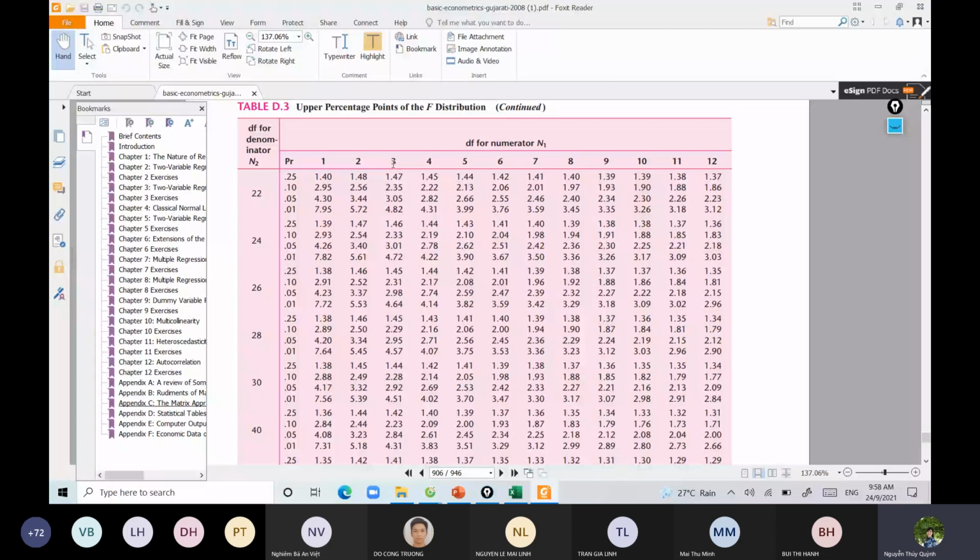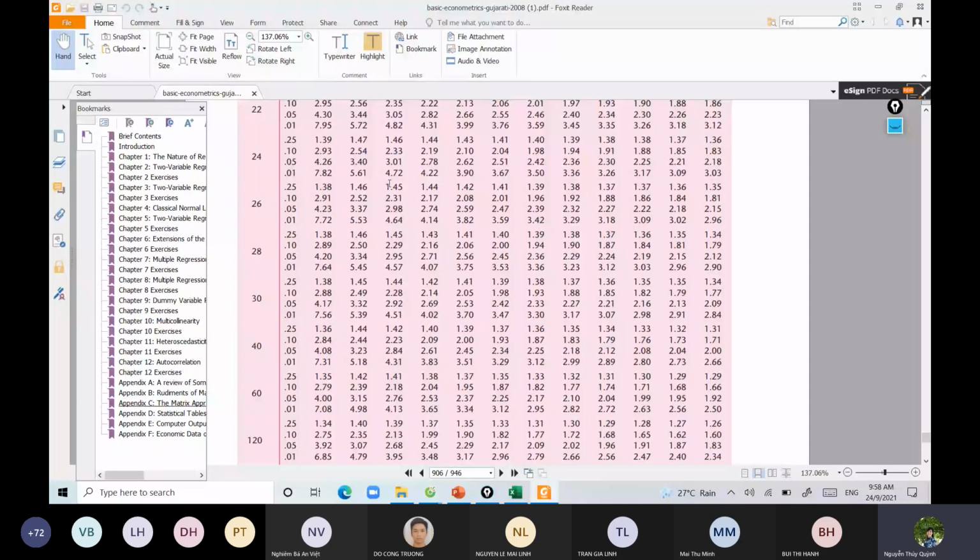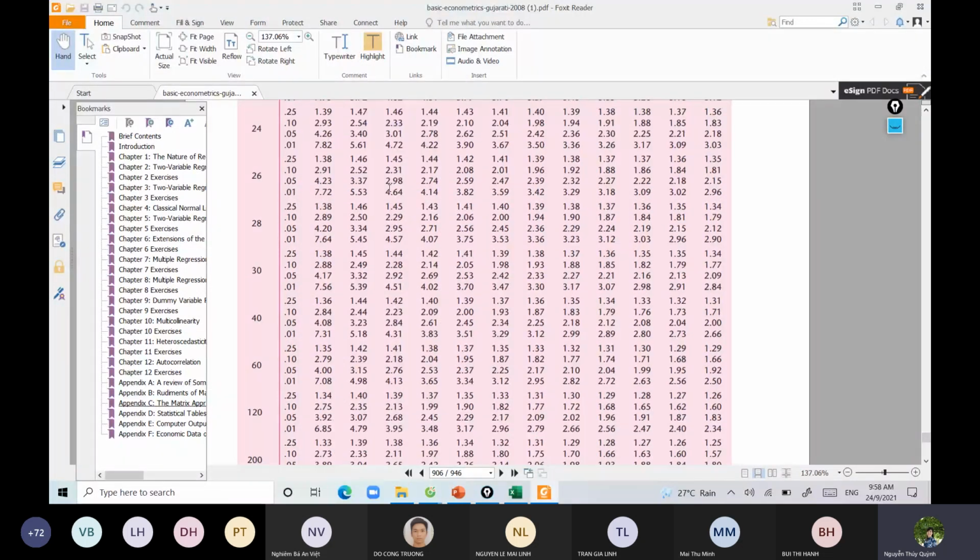Now we look at this row for 0.05. Okay, the critical value here is 2.84. For the 60, look at this row, we see that the critical value of F here is equal to 2.76.